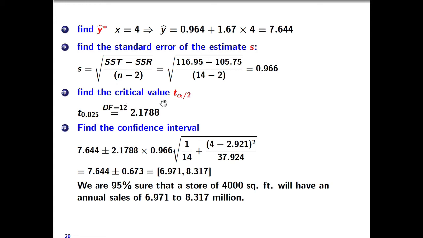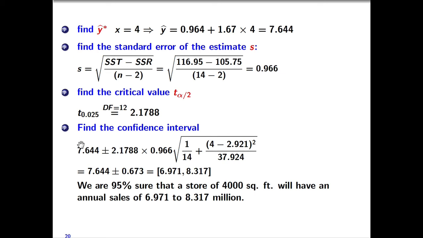To find the critical value t of alpha over 2, we need to use n minus 2 degrees of freedom, in which case this is 14 minus 2, which is 12. And using the t table, we'll be able to find this value, 2.1788. Now, we need to find the confidence interval.